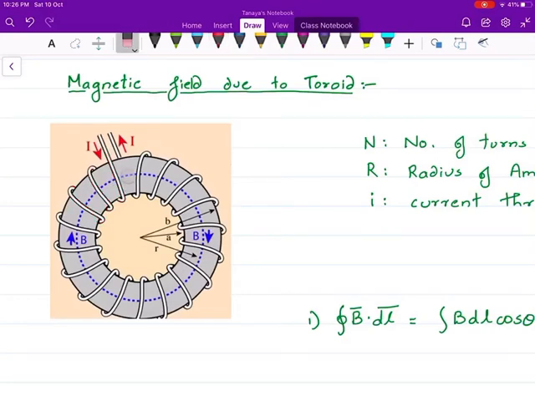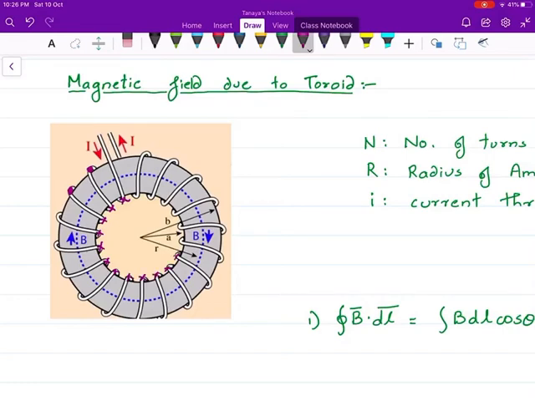If I have to show the direction of the current, how am I going to show it? It's going inside over here, so I'll put a cross; coming out, so a dot; going inside, cross; coming out, dot.